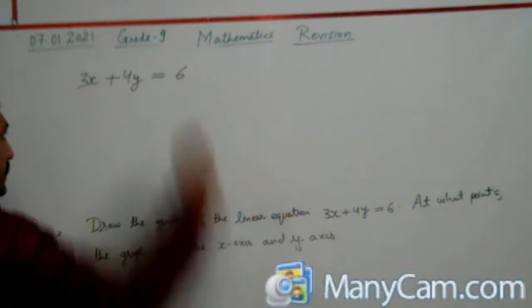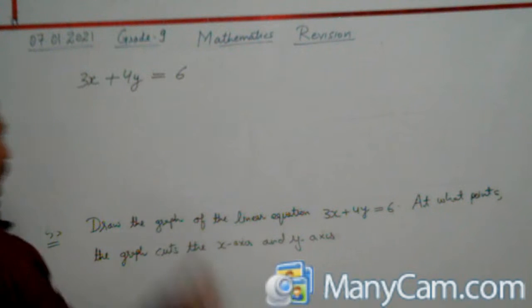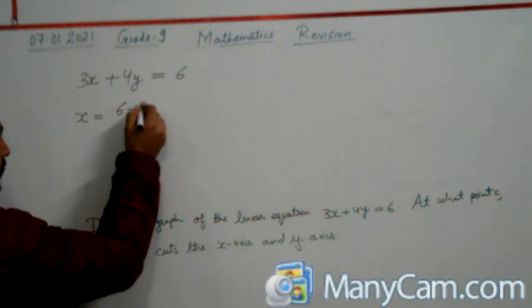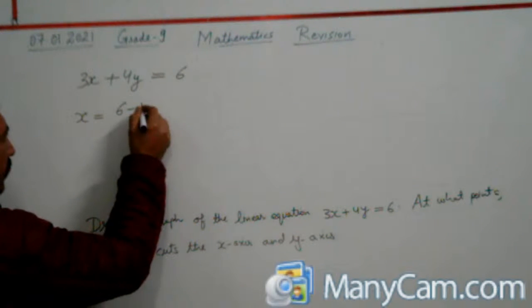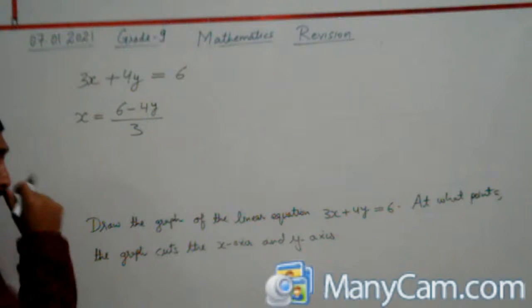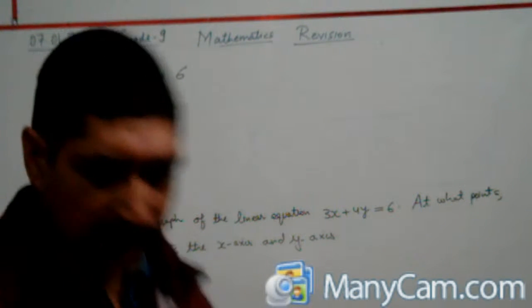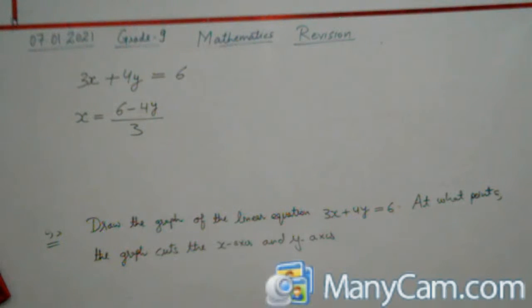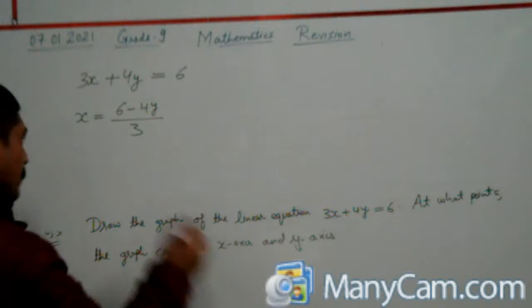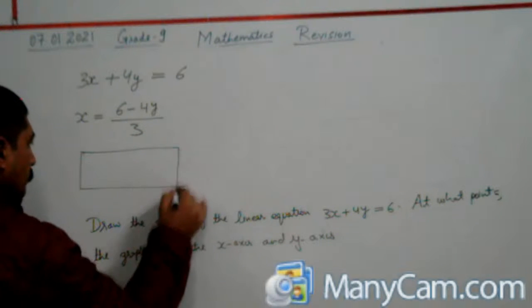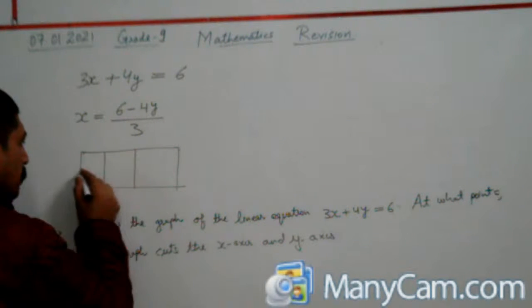So when we plot the graph, we can write either x in terms of y, that is x equals 6 minus 4y divided by 3, right? So here, how many solutions we can have? Minimum 2 solutions.